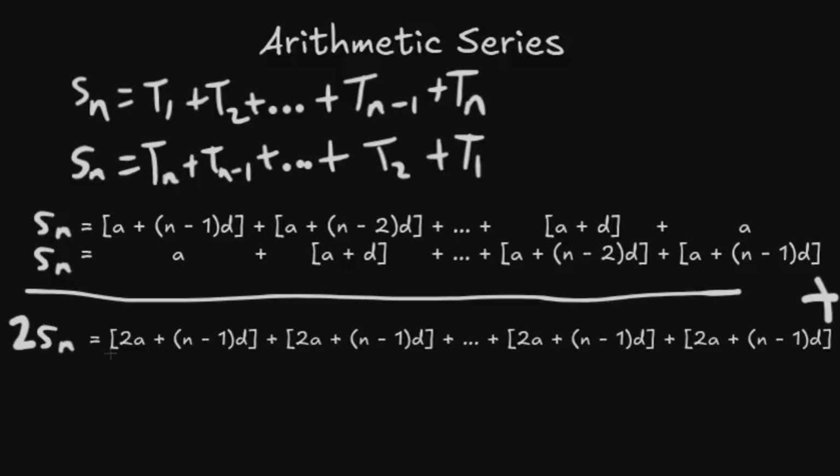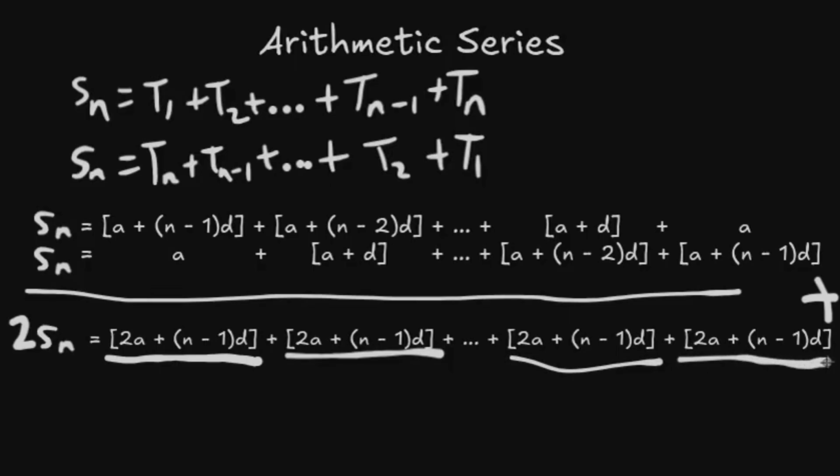Notice that these values are actually constant, or not literally constant in algebraic terms, because they are variables, but the value remains the same. How many 2a plus n minus 1 times d's are there? There are n. So we can simply write 2Sn equals n times 2a plus n minus 1 times d.